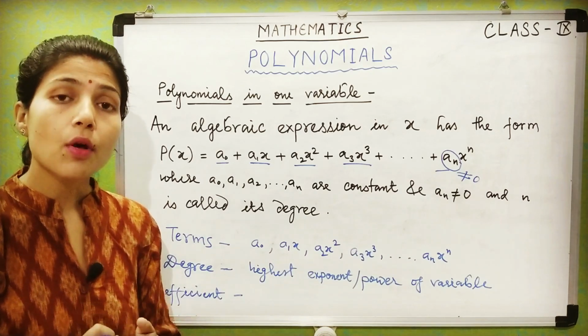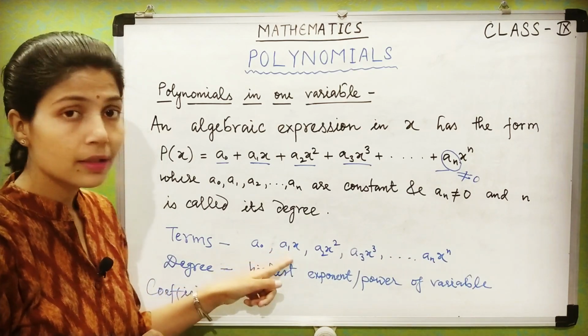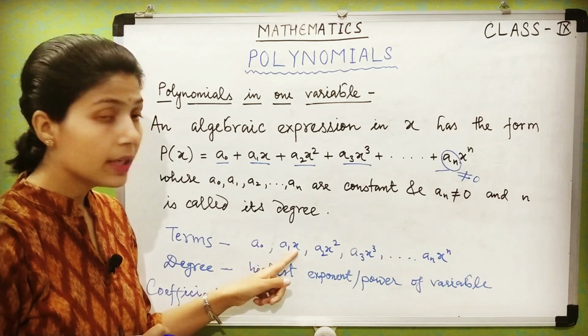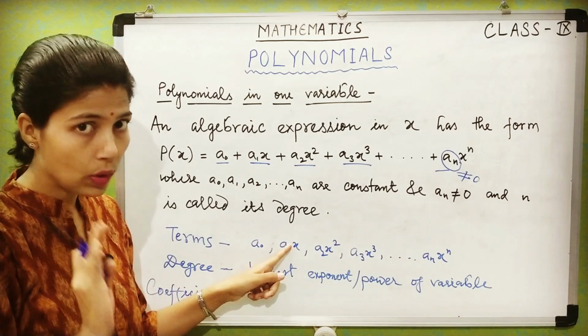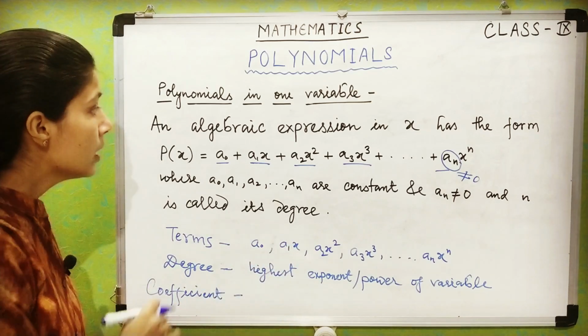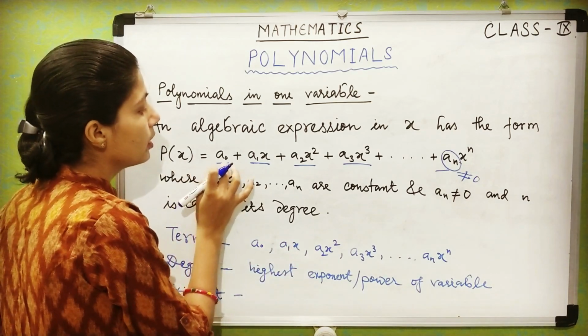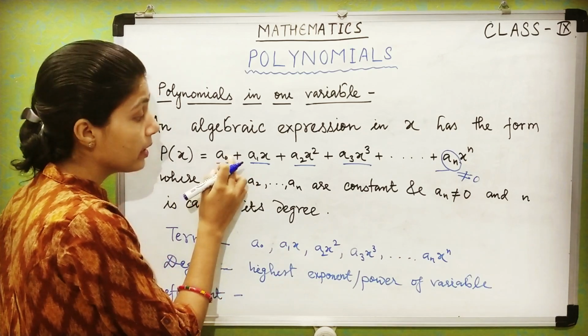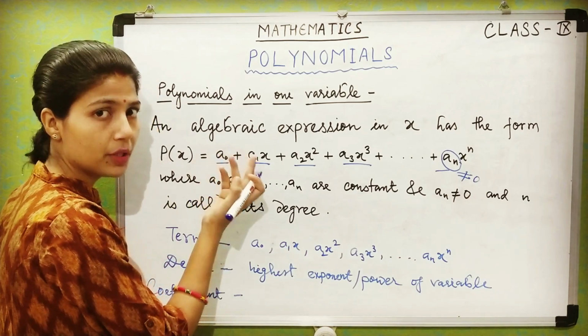So in the case of a polynomial, these constants which are before their variable raised to a whole number power are coefficients. Okay, see here a0, here there is no variable, but you can assume here x raised to power 0.